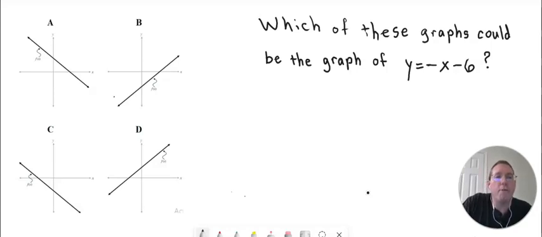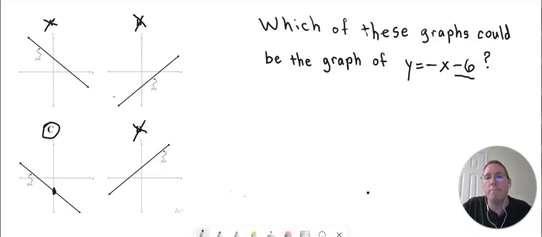That gives us A or C. B has a positive slope, so that's out. D has a positive slope, so that's out. So now we're looking for which graph has a y-intercept that's negative. Well, A has a positive y-intercept, and C has a negative y-intercept, so it's got to be C. It's not going to be A, because A has a positive y-intercept, but this one right here could be negative x minus 6. Therefore, the answer is C.